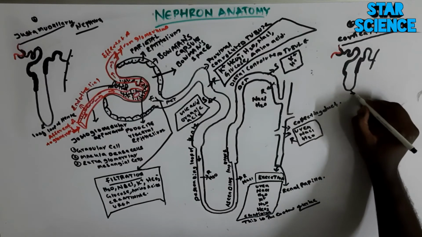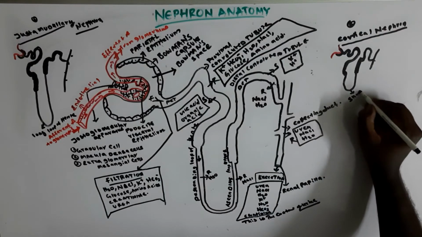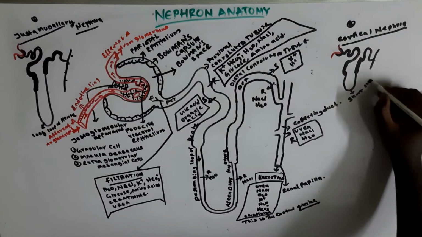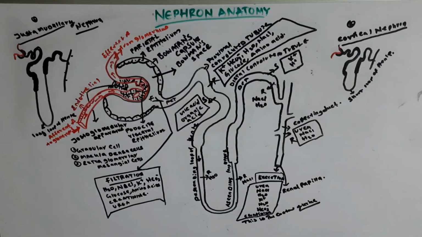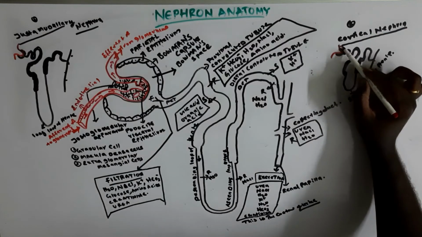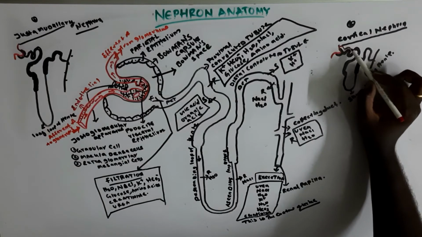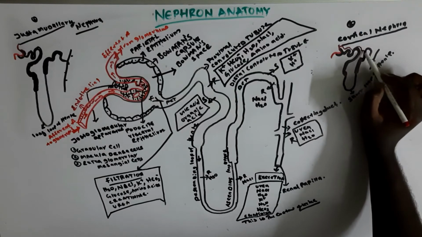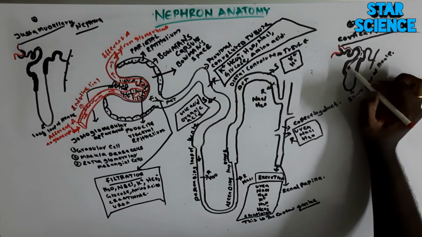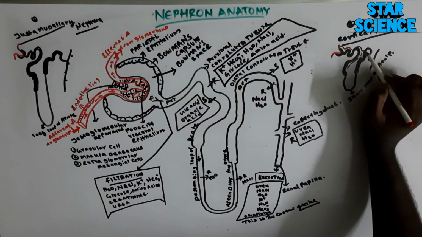So when I had given the afferent arteriole, right now you can see, and the efferent arteriole, where I am writing right now, it is about the short loop of Henle in the cortical nephron. So take a note that the important difference between a juxtamedullary and cortical nephron is a long loop of Henle and a short loop of Henle.